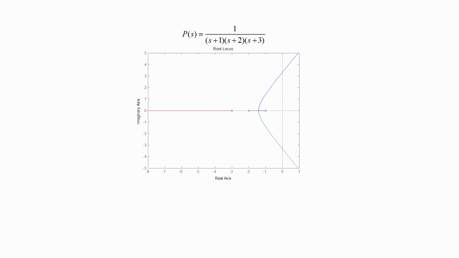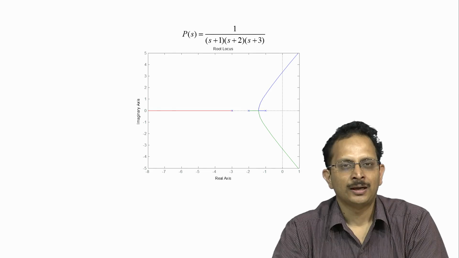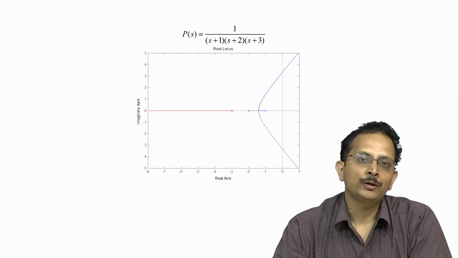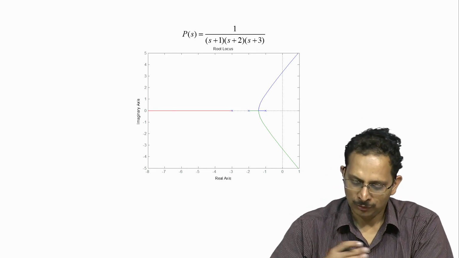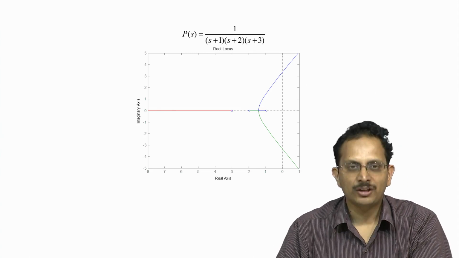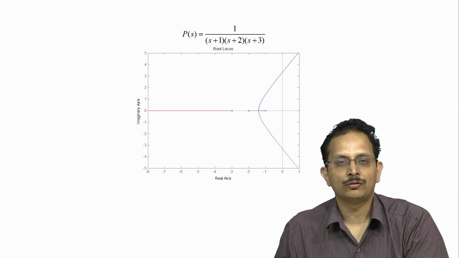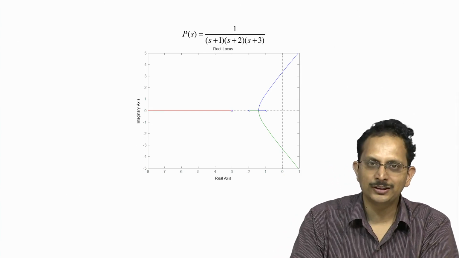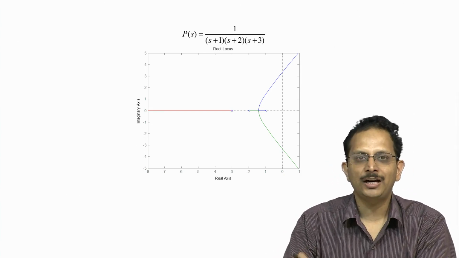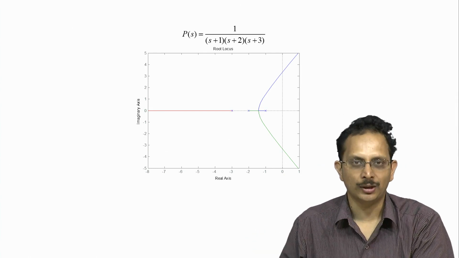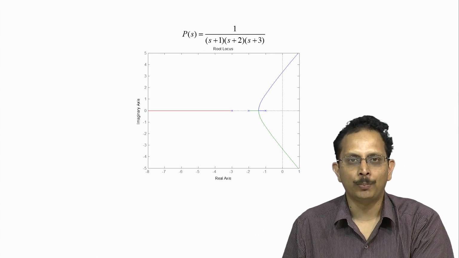controller's gain such that a pair of poles of the closed loop system would be located where we want it to be located. So for instance, the root locus of the plant here tells us all the possible locations of the closed loop poles that has this plant P cascaded with a simple proportional controller as part of the open loop system.